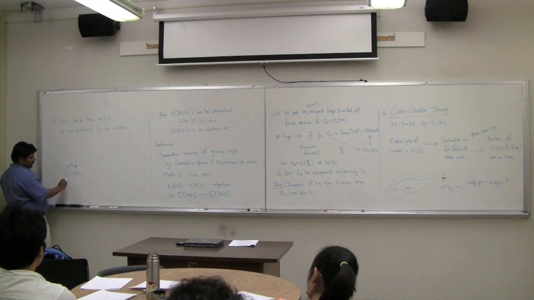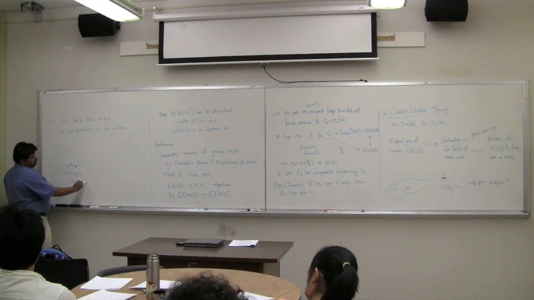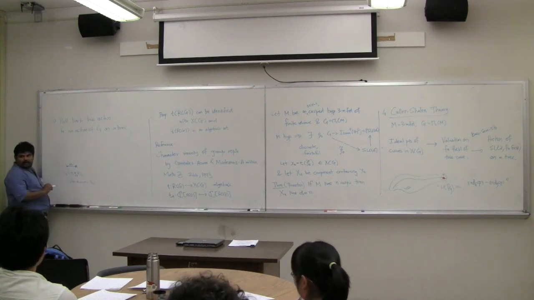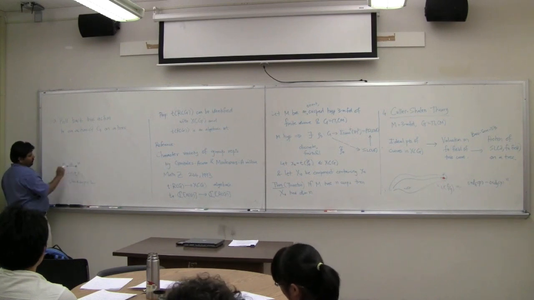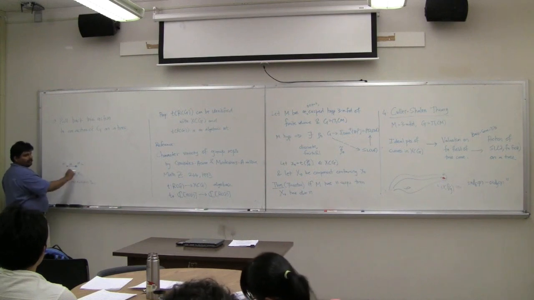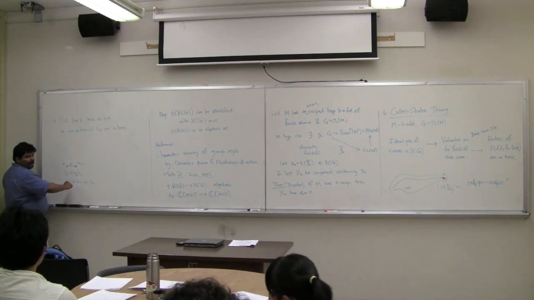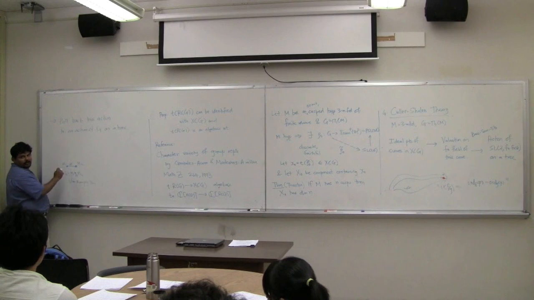This is something like a Van Kampen theorem. You have a Van Kampen theorem like thing, and you have this subgroup here and these two groups, and you can think of this graph. This is going to give you an action of G on some tree.